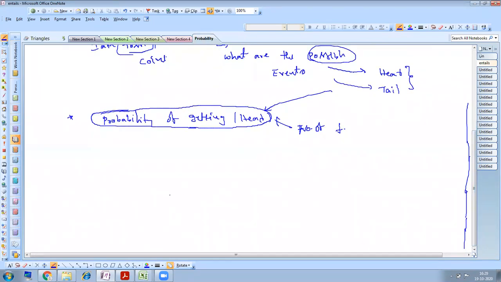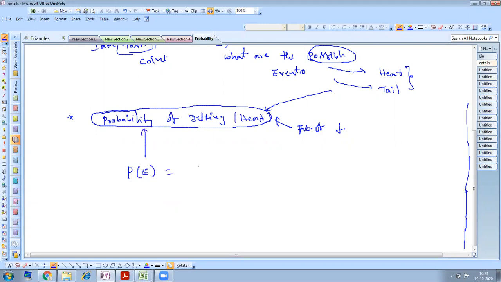Mathematically, using permutations and combinations and statistics, we can calculate the probability. That is a different thing that we will start in +2. So now, probability of getting head. From here I can explain the probability of an event. In this case, my event is getting a head.